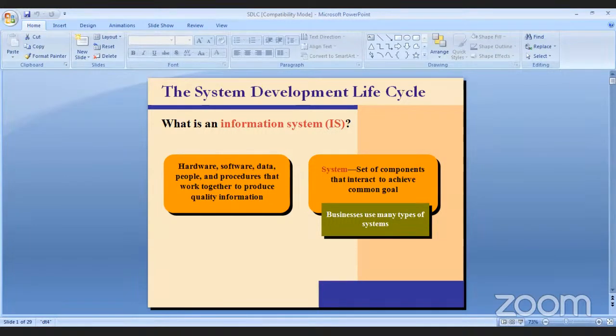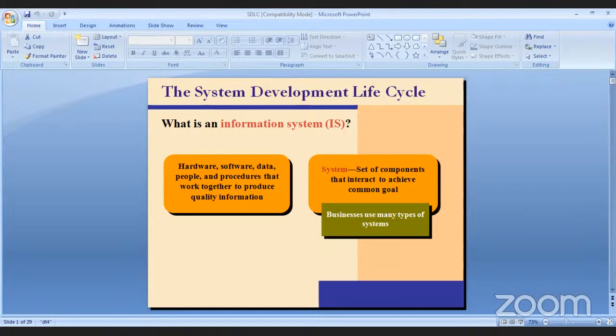In order to develop any new system, or to change an existing system to adopt new changes, the SDLC consists of 5 phases. The first phase is planning, second analysis, third design, fourth implementation, fifth support. I repeat: first planning, second analysis, third design, fourth implementation, fifth support.